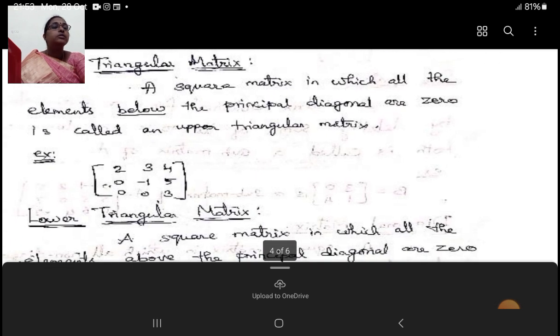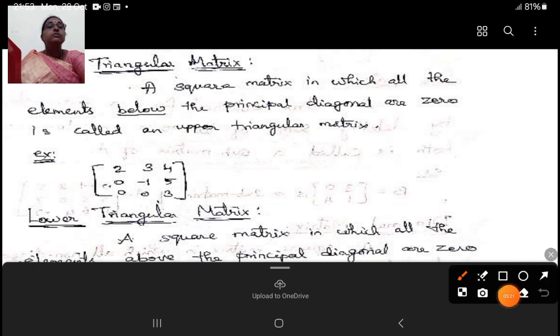Upper triangular matrix. A square matrix in which all the elements below the principal diagonal are 0 is called an upper triangular matrix.